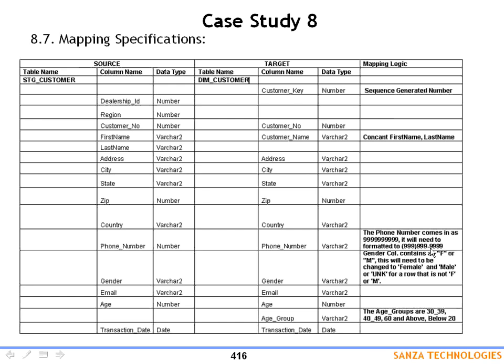And the gender I need to replace. If there is an F coming from my staging table, that is your source data, then when you load it, you have to replace with F for female, M for male. If it is U, you have to put it as unknown.